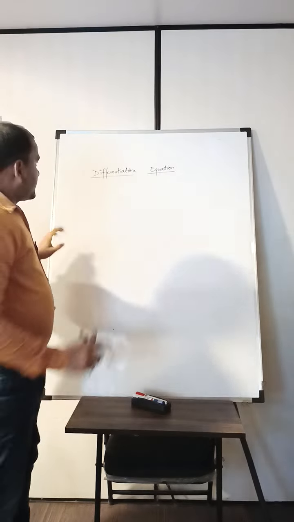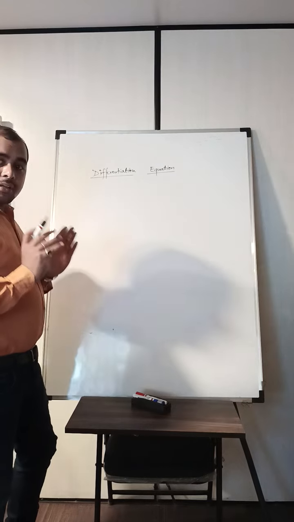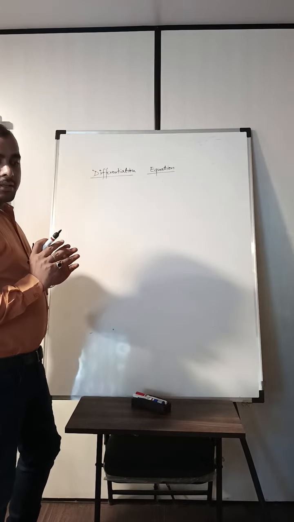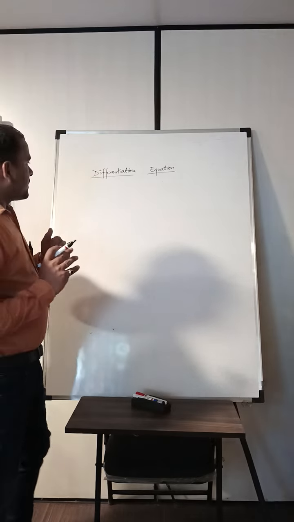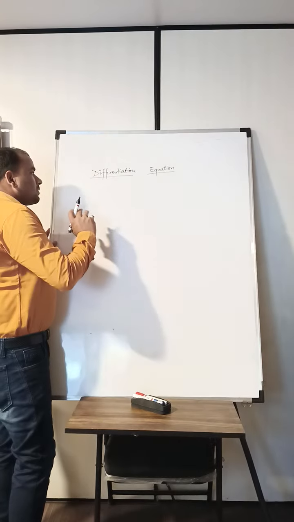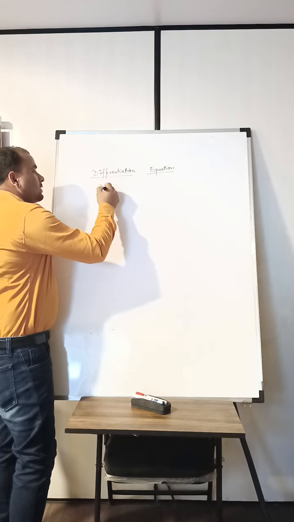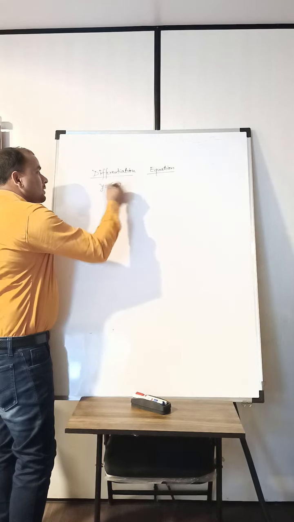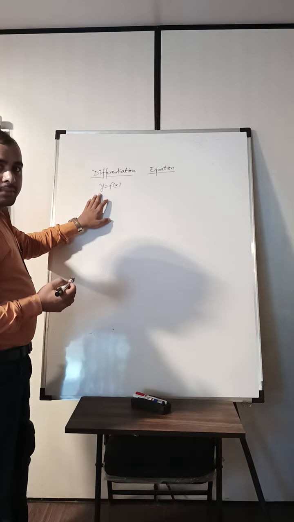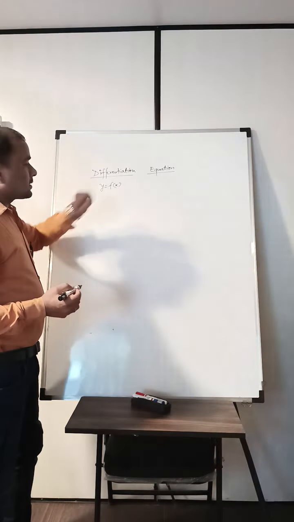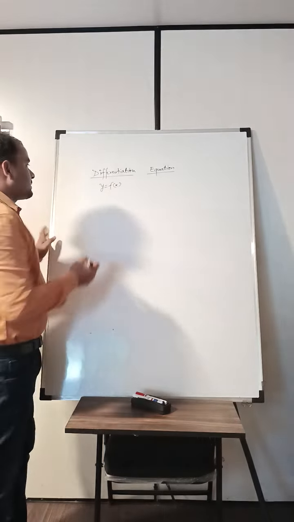As we know, differentiation is the instant rate of change of the dependent variable with respect to the independent variable. Suppose y is equal to f(x) is a function in which y is the dependent variable and x is the independent variable, that is, y depends on x.